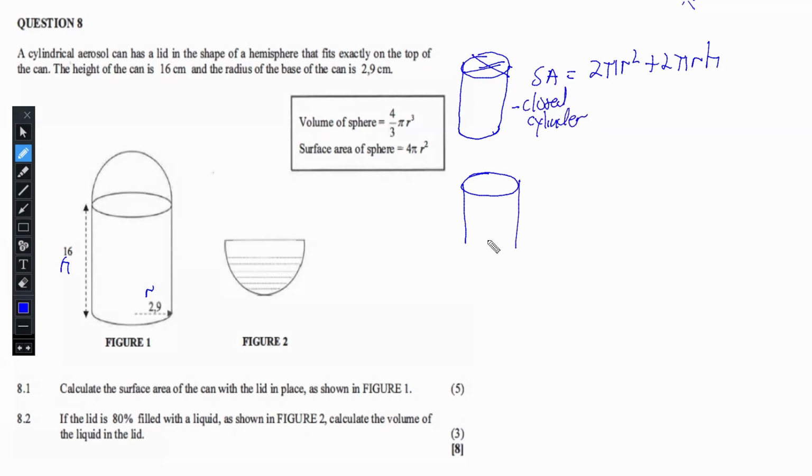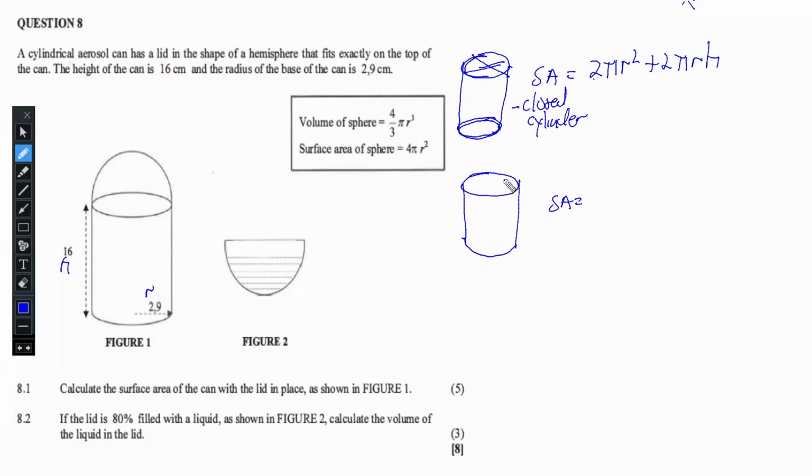The 2 pi r squared is telling you that we have the area of the circle at the bottom and the area of the circle on top, which is why we have 2 pi r squared, representing two areas of the circle.